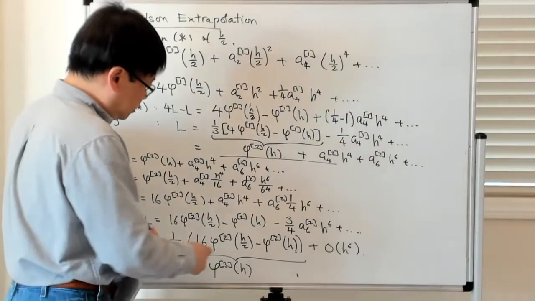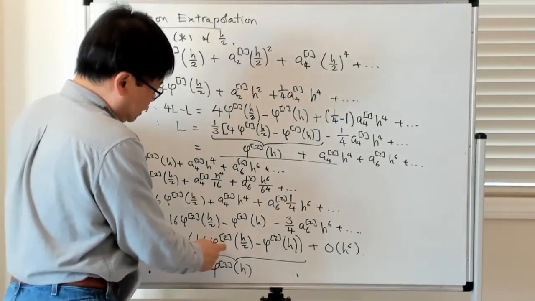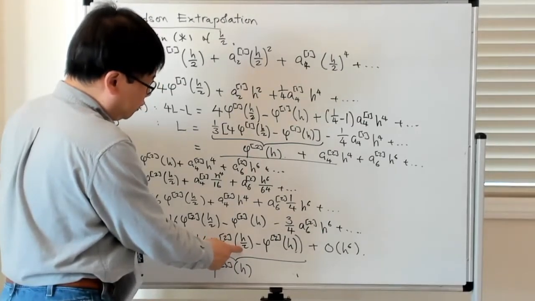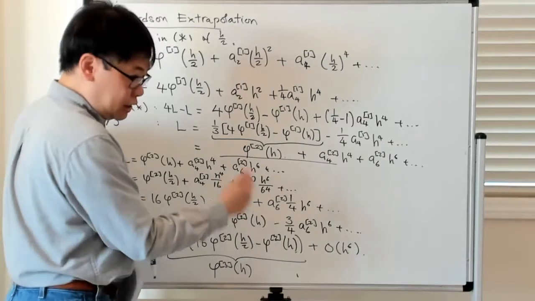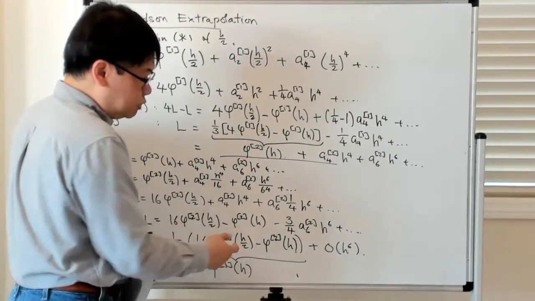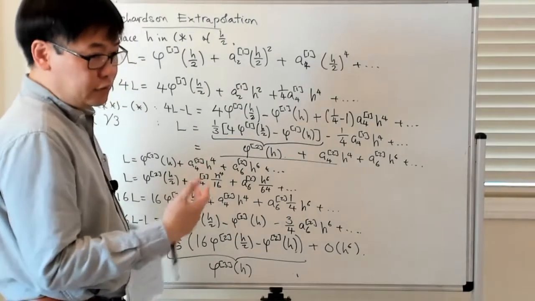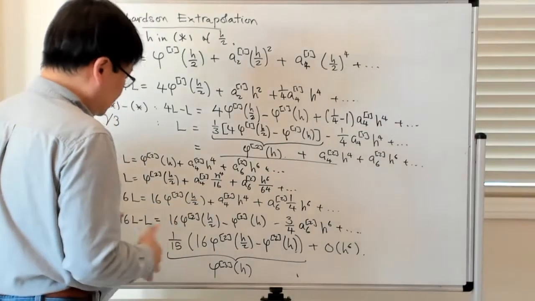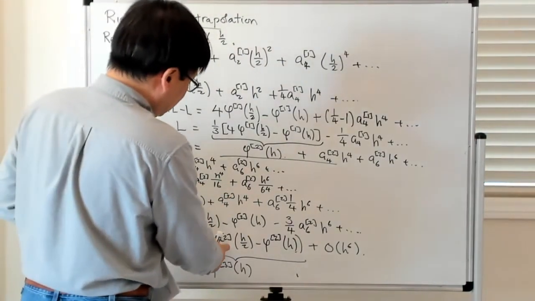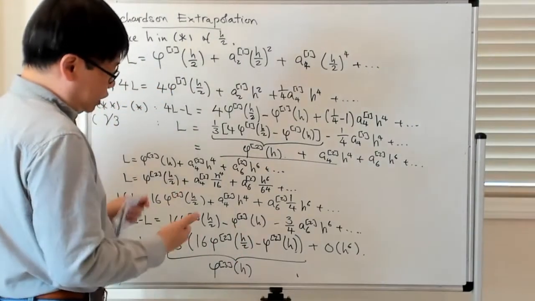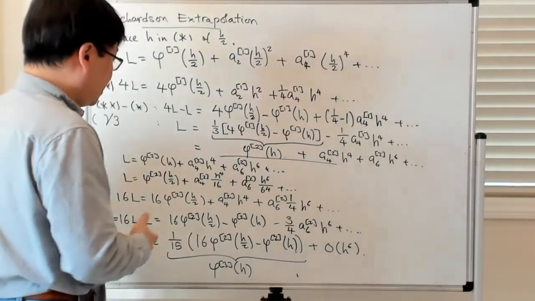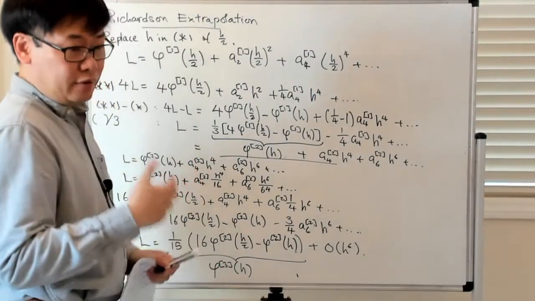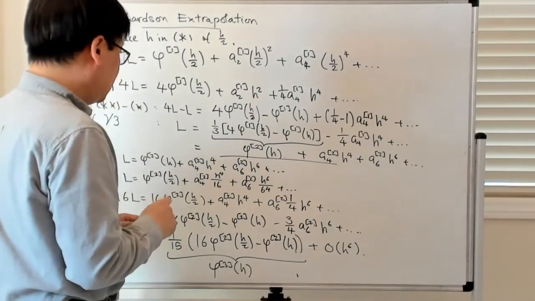So this method here, which is phi 2 for h over 2, you have to remember that phi 2 itself for h already involves phi 1 at h and h over 2. Actually, sorry, phi 2 at h over 2 involves phi 1 at h over 2 and h over 4. But the full method itself will require you to evaluate the original method at h, h over 2, and h over 4.